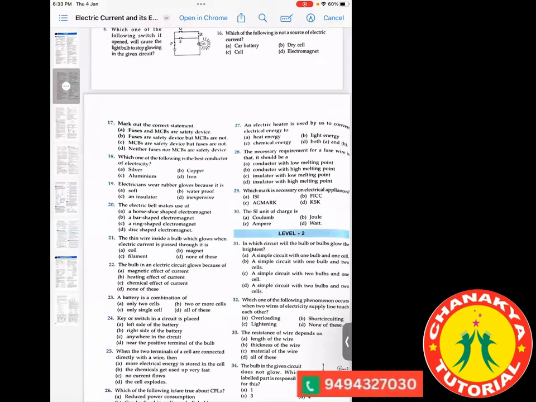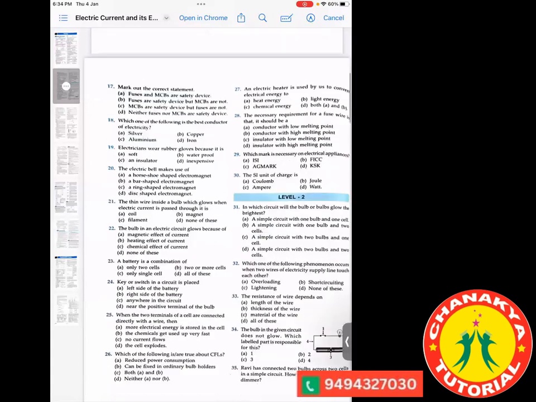No. The one that is not a source of electric current is the electromagnet. A car battery, a cell, a dry cell are sources, but the electromagnet is not a source. It is an extra add-on, not a main part of it.